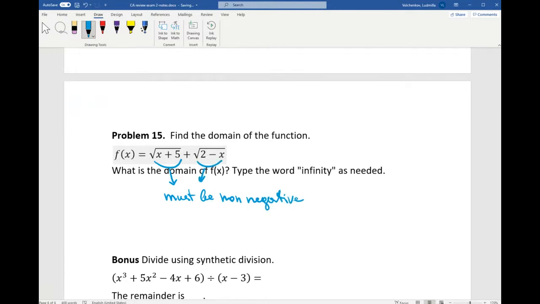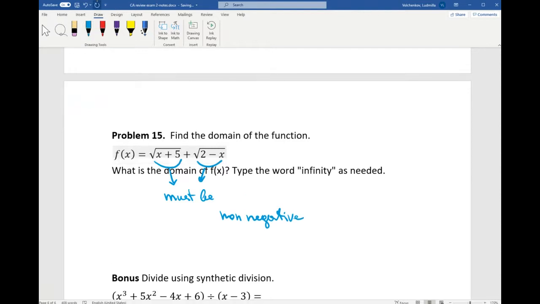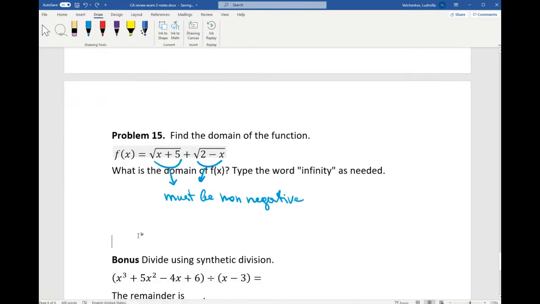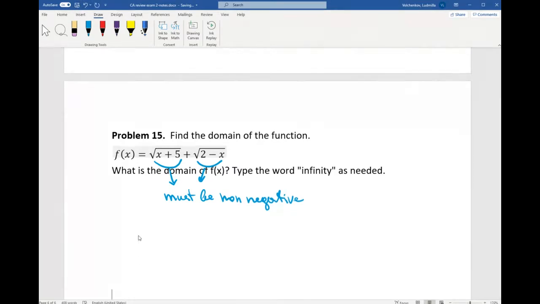It means we have two conditions. First, x plus 5 must be greater than or equal to 0, and 2 minus x must be greater than or equal to 0. Solving, we get x must be greater than or equal to 5, and, wait a minute, negative x must be greater than or equal to negative 2.